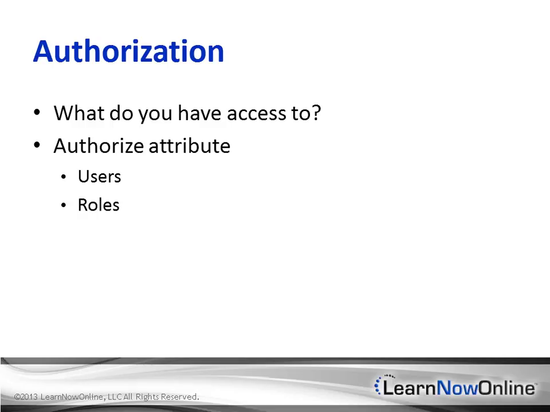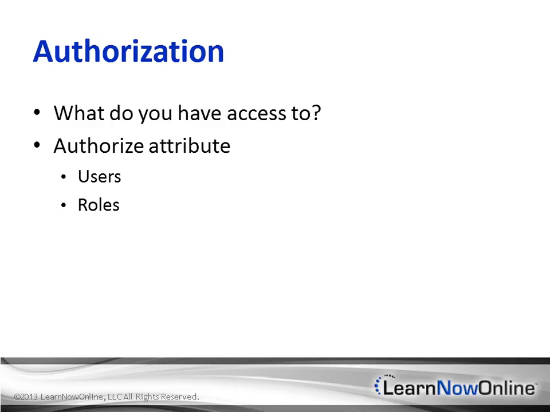But what is more common is to use the authorize attribute to specify certain roles that have access to that method or that controller. So in your authorize attribute, you set roles equal to and then a comma delimited list of roles that you want to have access to that method.